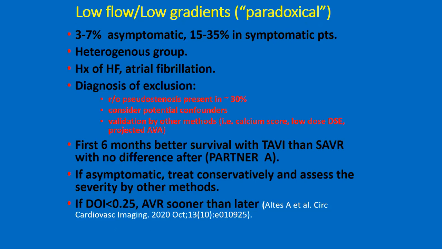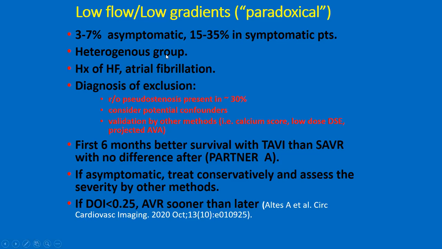The fourth category is low flow, low gradient, or paradoxical aortic stenosis, as coined by Dr. Pibarot and Dumesnil from Quebec University in Canada. Less than 10% are asymptomatic. The prevalence in symptomatic patients can reach 35%, but usually it's in the range of 25-30%.